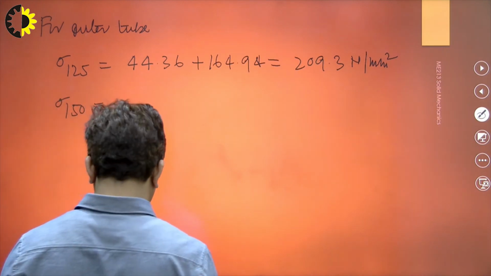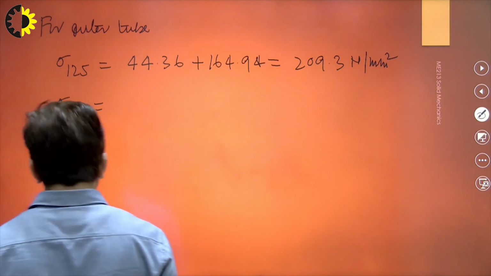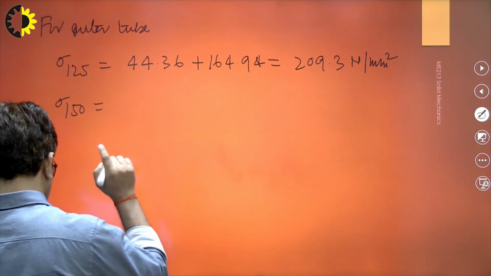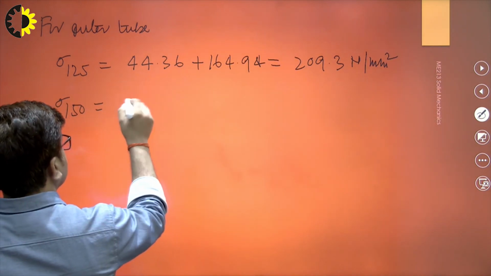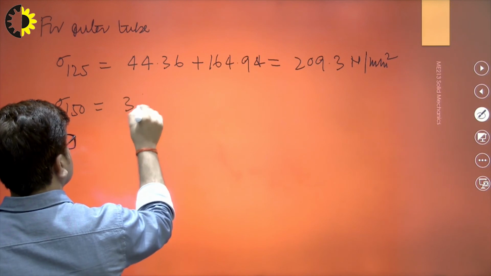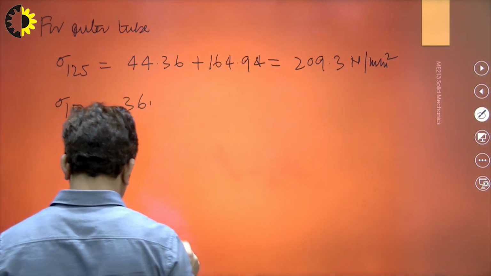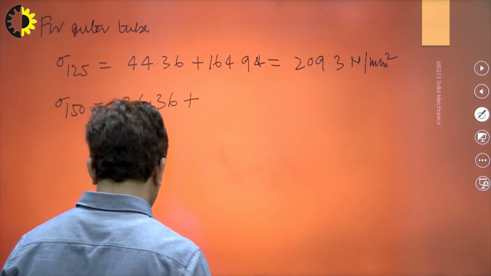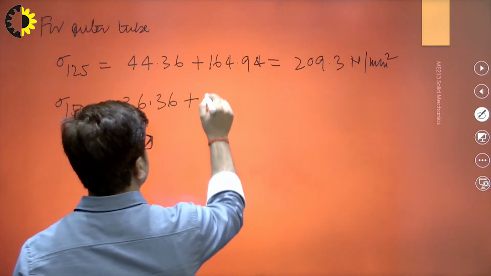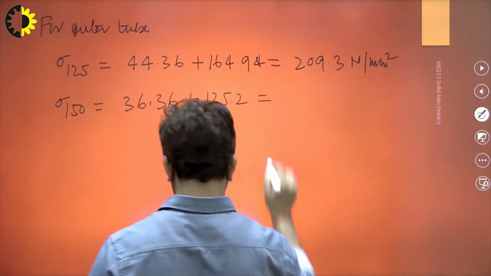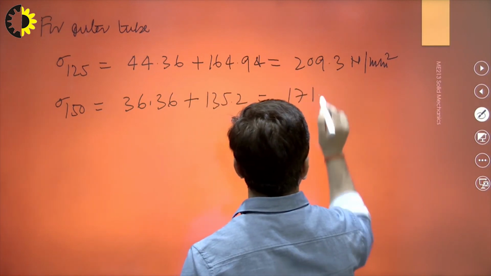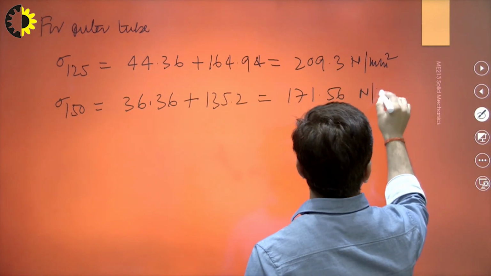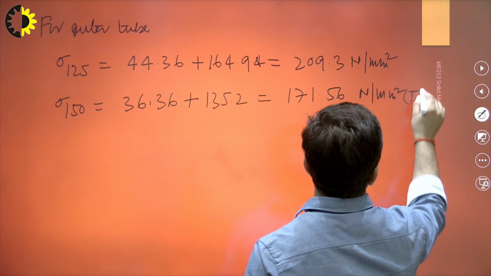And at 150 radius, because of shrinking at outer radius, hoop stress is 36.36, plus because of internal fluid pressure at radius 150, hoop stress is 135.2, and this comes out as 171.56 Newton per mm square, and this is tensile.